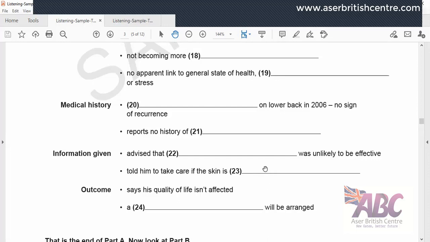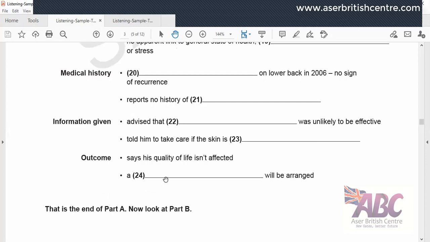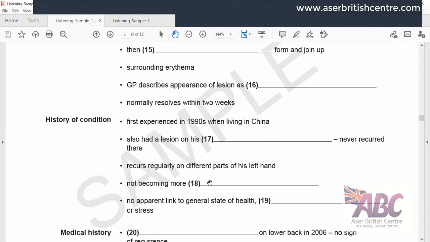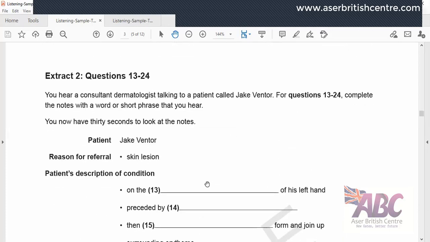This one will mostly be a past participle. Oh, okay. Yes, because the sentence here is the passive one. And then in 24, we also have, mostly we'll have a noun because we have the indefinite article a. So we use the time given to us, looking at the extract.